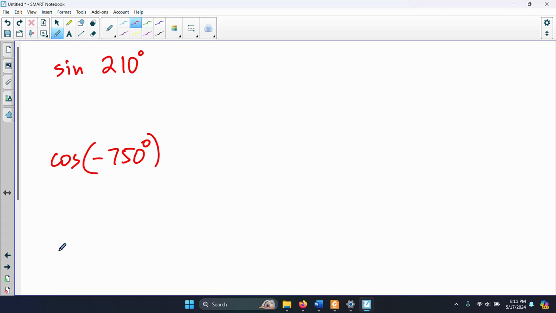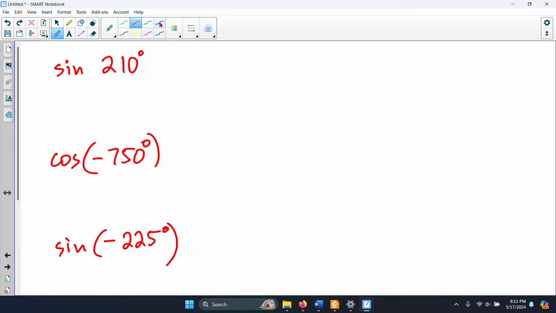And one more reasonable number: what about sine of negative 225? Okay, negative 225. So it's a multi-step process.